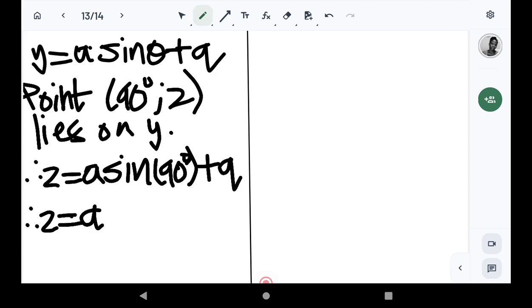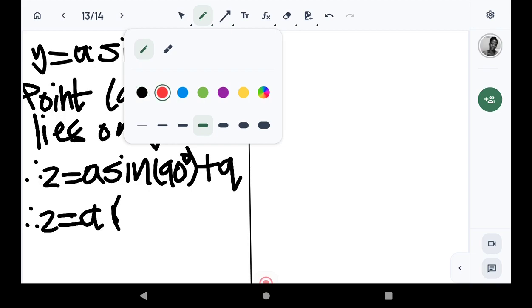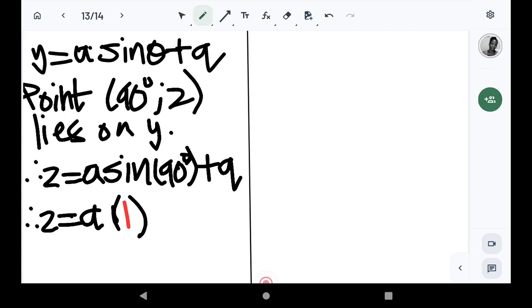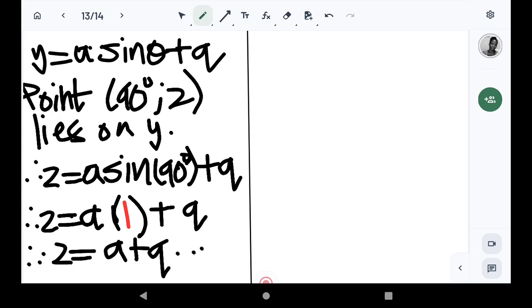Sine of 90 degrees equals 1. So 2 equals A times 1, that is A, plus Q. That is your equation 1.